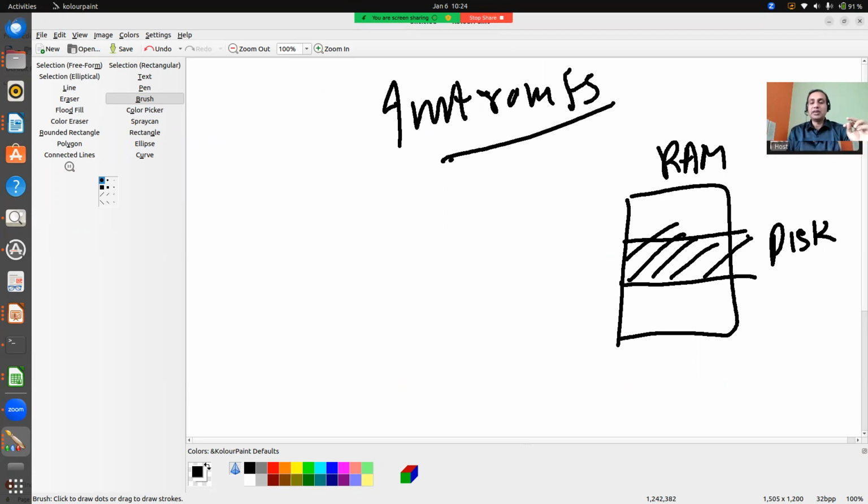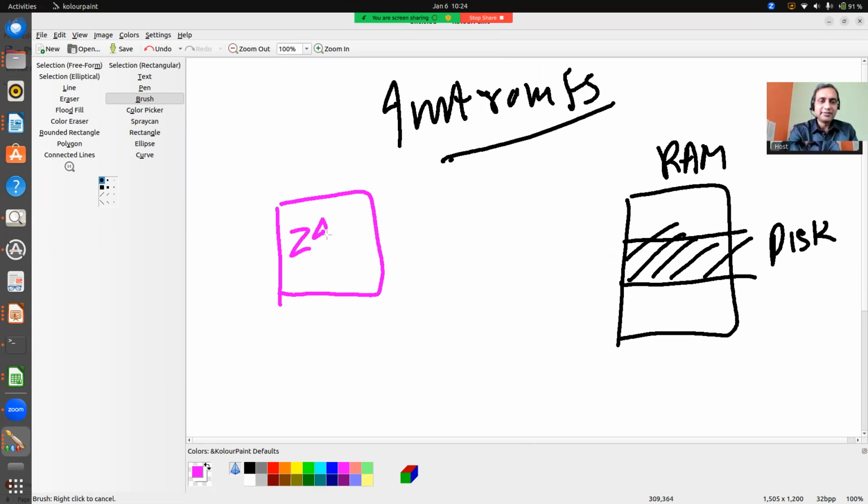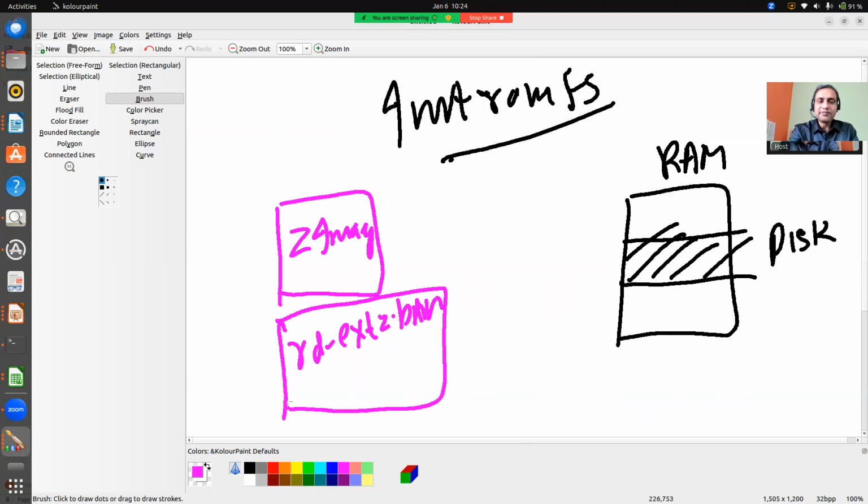Now, what do I mean to say over here? As you understand, you typically have two images. You have something called zImage, which is your kernel image, and then you have something called rdext2.bin, which I can say is your RAM disk image. So you have two different images which the bootloader loads into RAM.